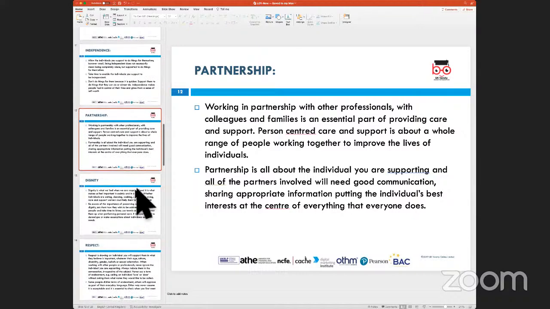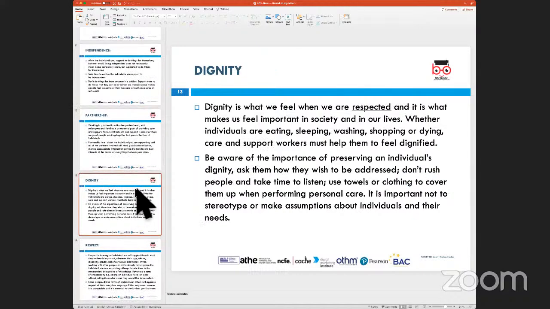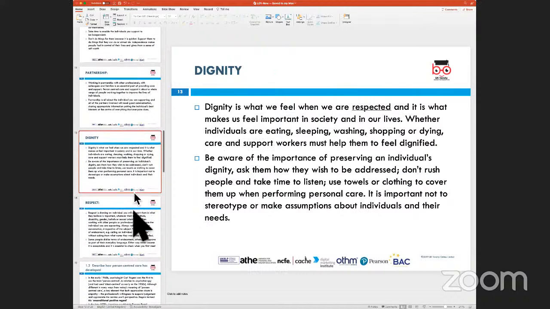We look at some of the other aspects of dignity and respect, which are part of individuality, one of the values under the person-centered approach and person-centered care. Most practitioners, anybody who's working within the NHS, are always given training to understand that we need to treat patients with dignity, respect, and equality. So here you will take into account their dignity.